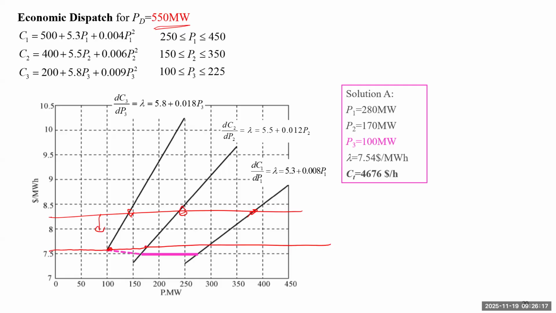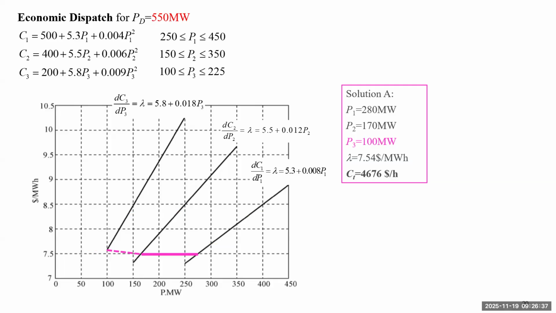But the intersection point is still higher than 550. So which means you need to further move down for the unit 1 and 2. And then you get this line, the final answer, colored in magenta. So this will be your solution.